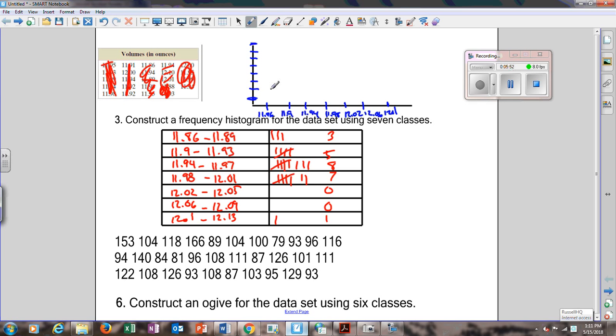So it goes up to 3 for the first one. Imagine your histograms are going to look a lot like this. Just make sure you keep the bars touching each other. Goes up to 5. And up to 8.